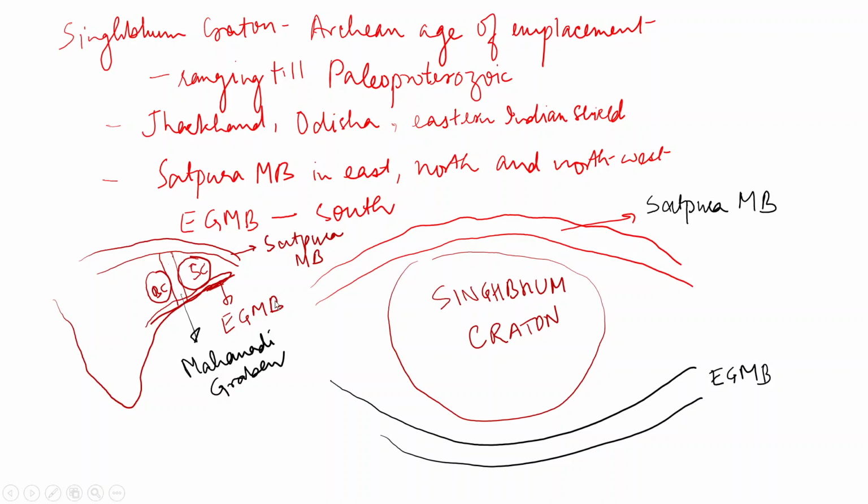The Singhbhum Craton comprises Paleoarchean and Mesoarchean tonalitic, granodioritic, granite, and gneisses, and has abundant occurrences of banded iron formation closely associated with basic volcanics and ultrabasic intrusives.